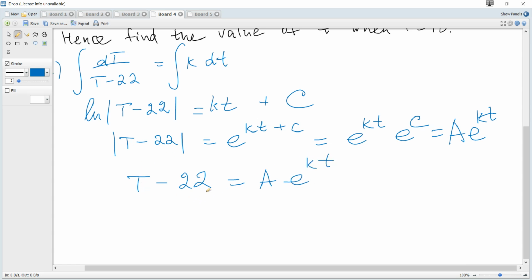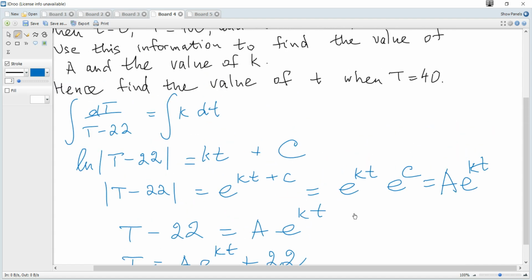But if it's negative, we write a minus here, but it's some unknown constant, and negative A is just another constant. It doesn't matter whether T minus 22 is positive or negative, this constant will take it into account when you find it. So this is the general solution, and hence T is A times e to the power of kt plus 22, as required.